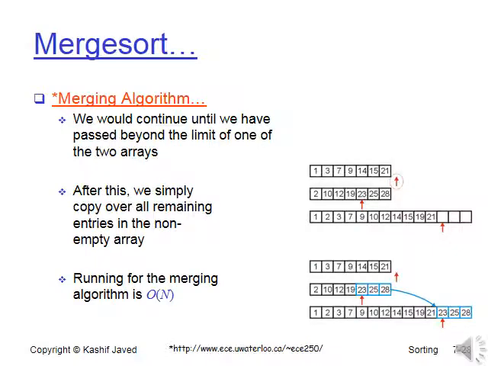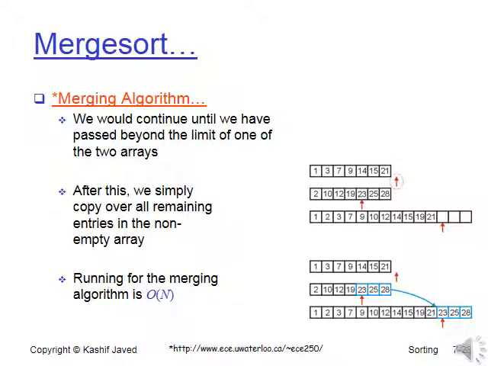We continue until we have passed beyond the limit of one of the two sorted arrays. After this, we simply copy over all the remaining entries into the non-empty array.